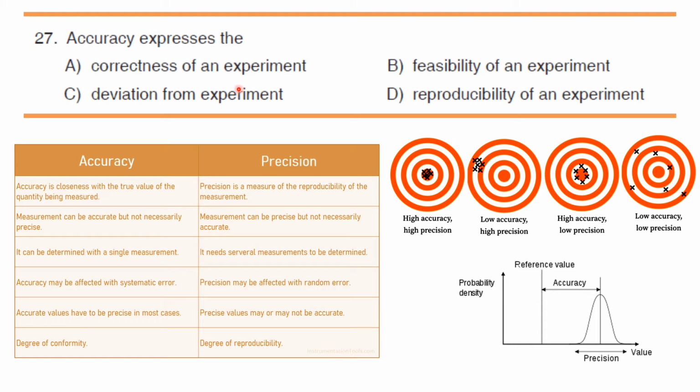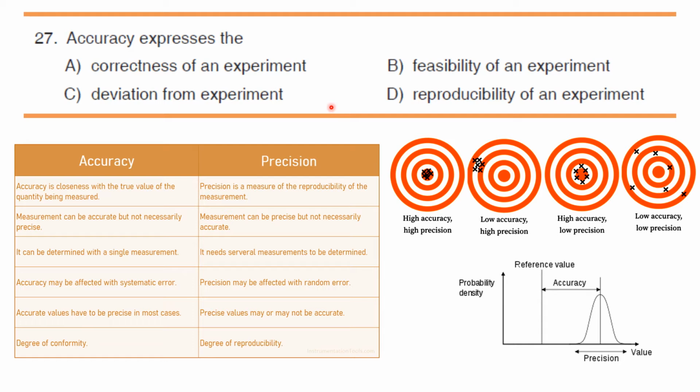So in precision, we actually measure the degree of closeness between the different observations that we carry out. It measures the reproducibility of the measurement, that is, whether we will be able to reproduce the same experiment getting the same result. That is what is meant by precision.